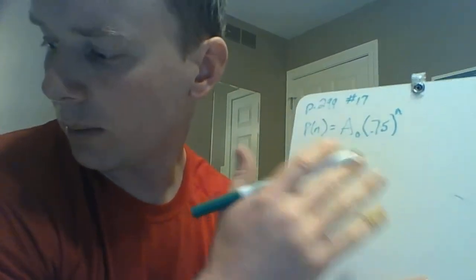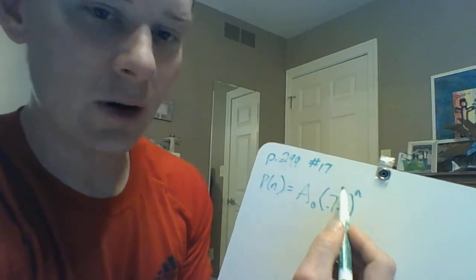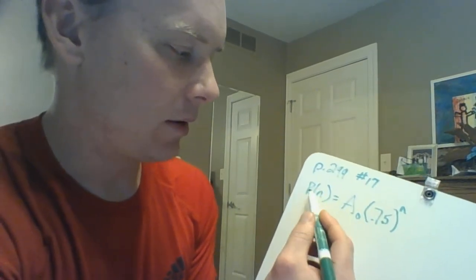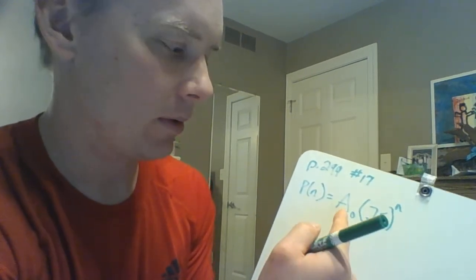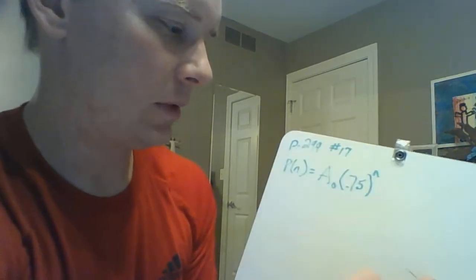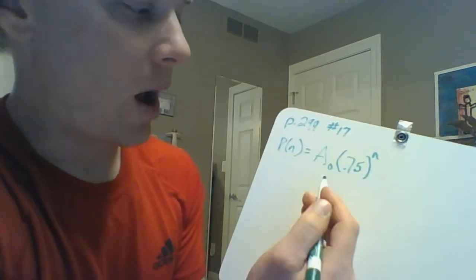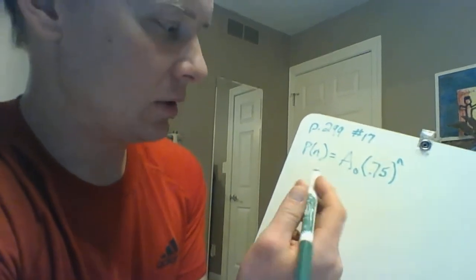So that's part A. Hopefully that was okay for you. Part B, though, says how long will it take, in other words, what is our n? We need to solve for n until this value becomes 1% of what you started with. Now you might say, well, since we don't know how much we started with, we can't figure it out. But we actually don't need to know how much we started with, because they're just giving us this percent, which is enough.